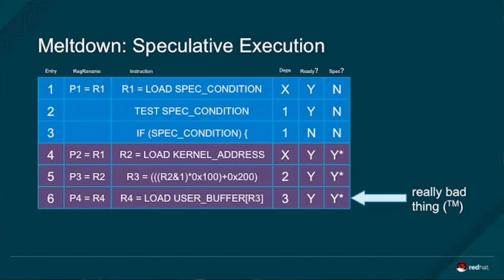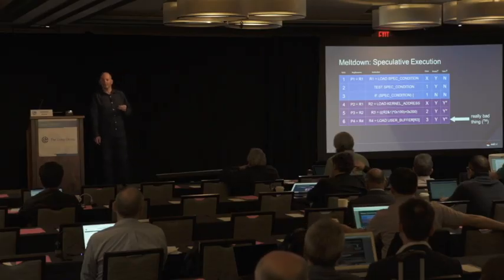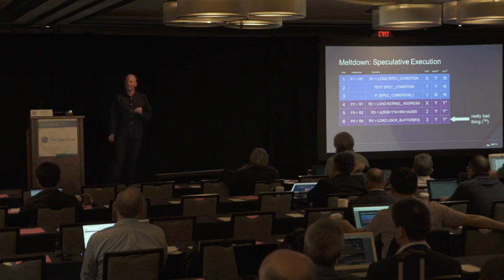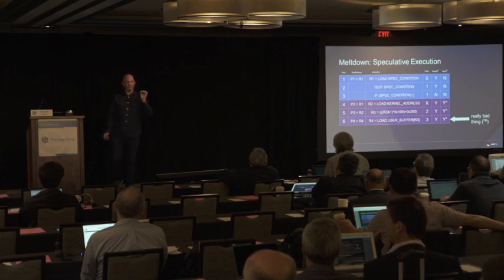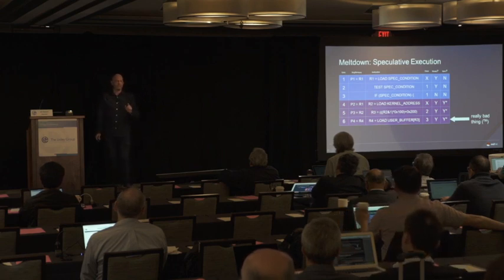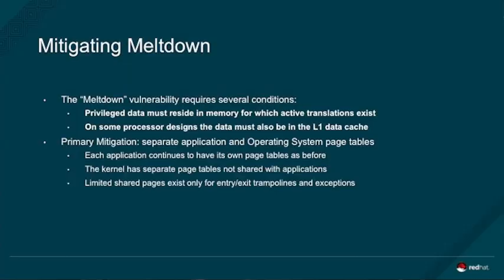And so a really bad thing happens because I'm able to perform some second memory access based on the first. And the second memory access is going to pull something into the cache. That's going to alter the timing. When I later go and walk through memory, I can work out, is this value cached or not? And based on whether that second value is cached, I can work out the content of the first.